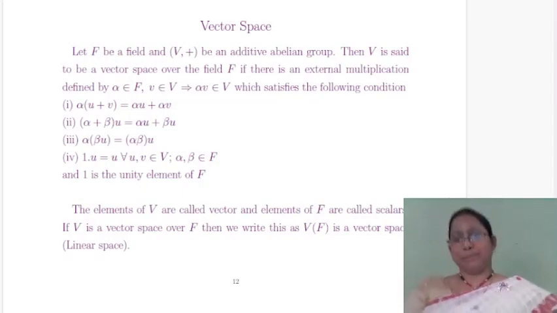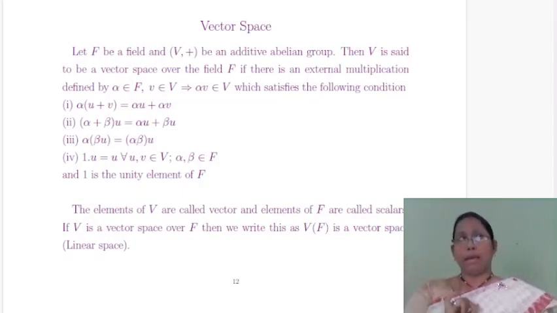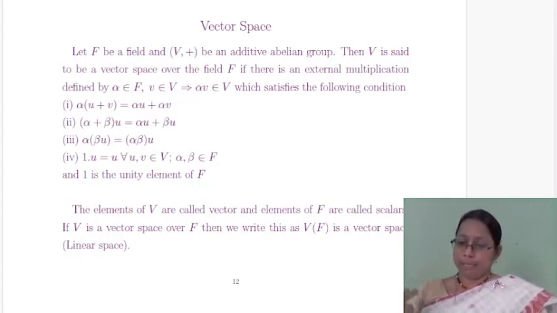Next is additive 0 in F. That is, alpha is any element in F, then there exists an element 0 belonging to F such that alpha plus 0 is always alpha, which is equal to 0 plus alpha. This 0 is called the additive identity or additive 0 of F under plus.